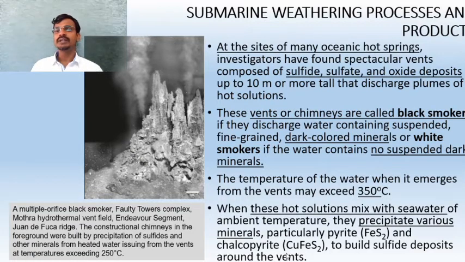The temperature of the water when it emerges from the vents may exceed 350 degrees Celsius. When this hot solution mixes with the seawater of ambient temperature, it precipitates various minerals, especially pyrite and chalcopyrite, to build sulfide deposits around the vents.